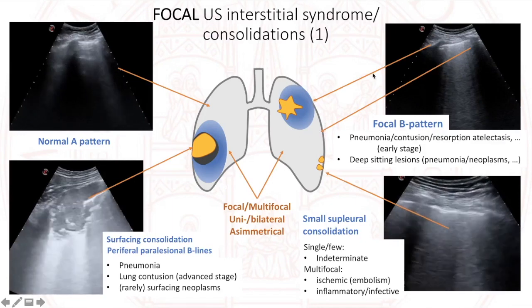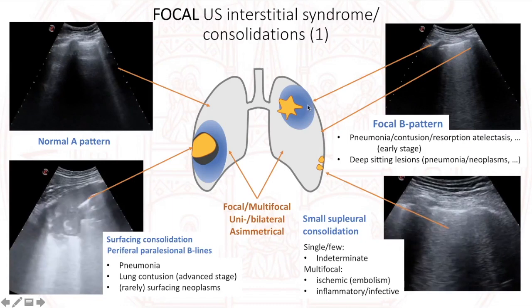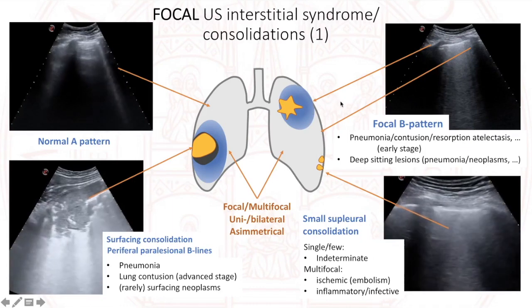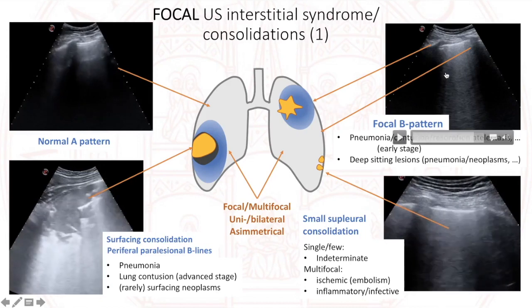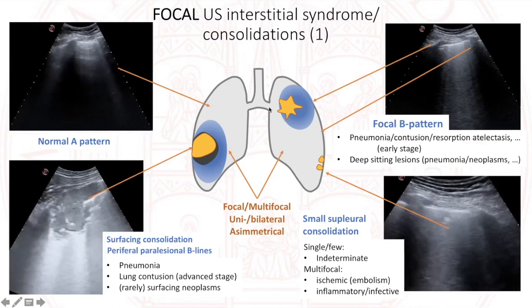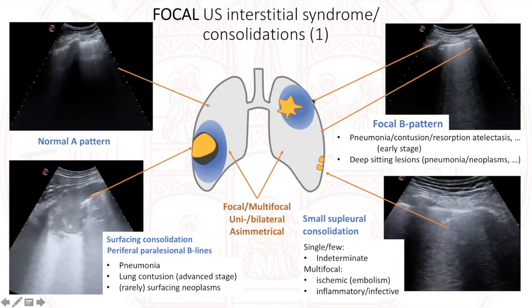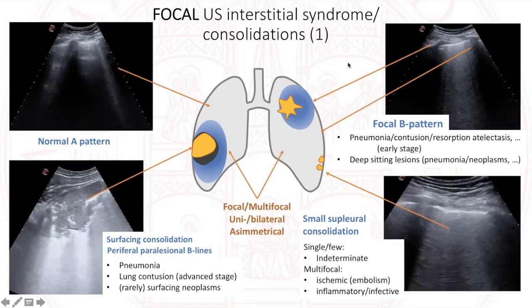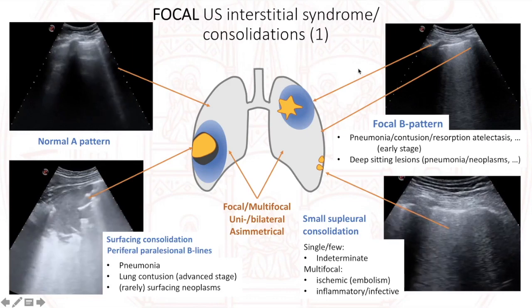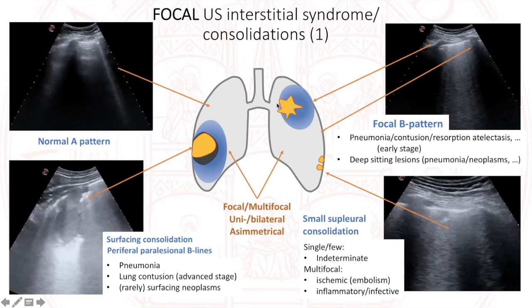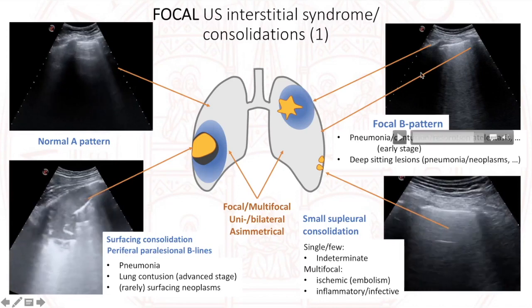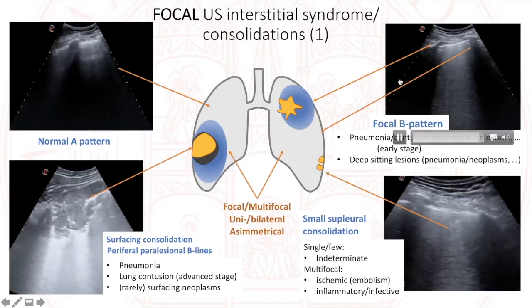It could either be the early stage of pneumonia or contusion or of atelectasis, or it might also be a deep sitting lesion that we are not seeing directly, because with lung ultrasound, and that is very important, we only study the surface of the lungs. We cannot tell what's beneath the surface if there are not indirect signs, such as in this case.